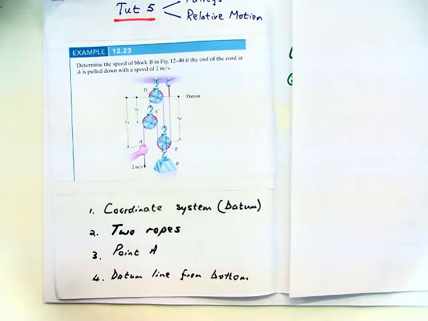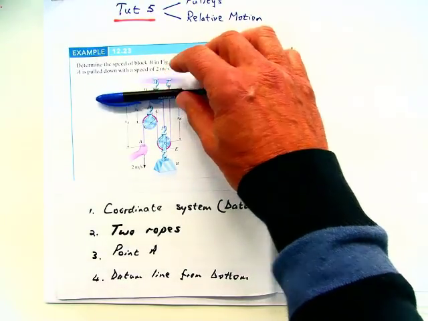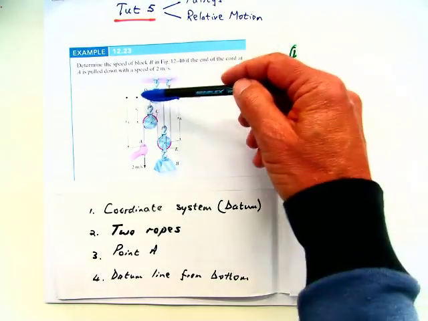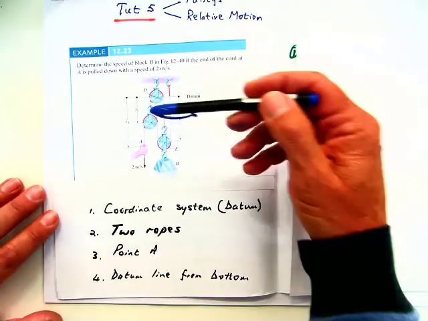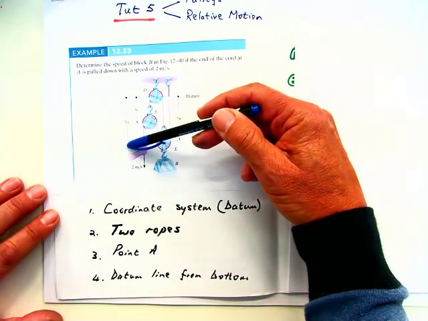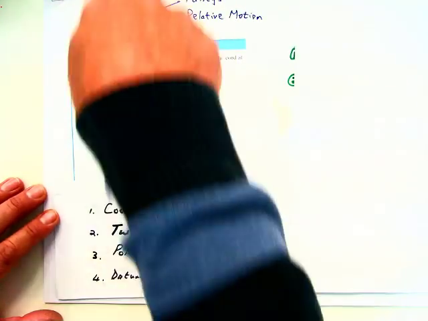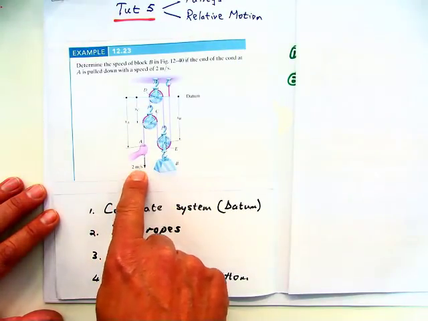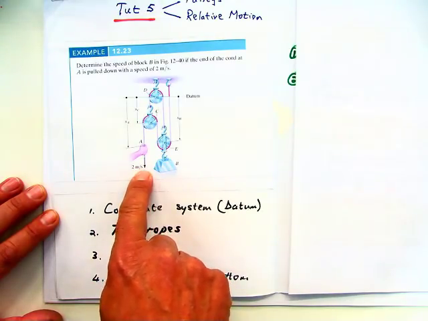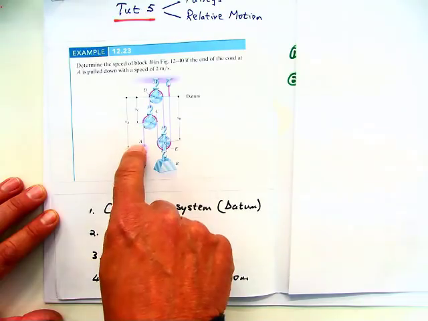And then the last thing that I mentioned, you can take the datum line from the bottom. Important about this datum line is if you measure down from the datum line, like SA, that is the positive direction. So if the velocity is in that direction downwards, like here, then it's a positive velocity. If the velocity was upwards, then it would be a negative velocity.